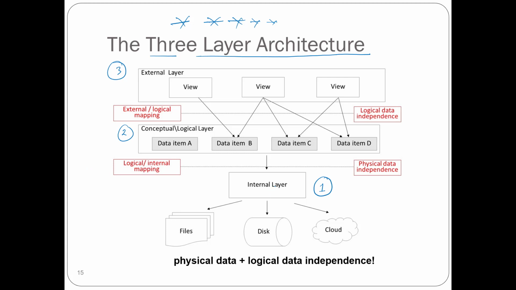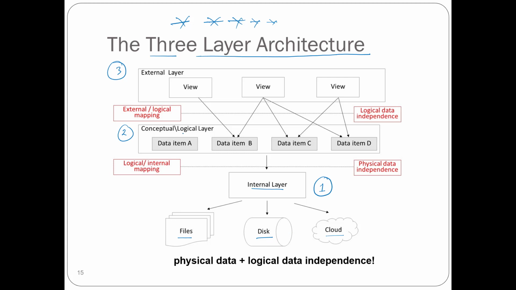So what do we have in the internal layer? The internal layer corresponds to the internal data model, right? An internal data model has details like how the data is being stored on disk, what file structure is being used, whether your data is on cloud, right? So all those details are handled in the internal level.